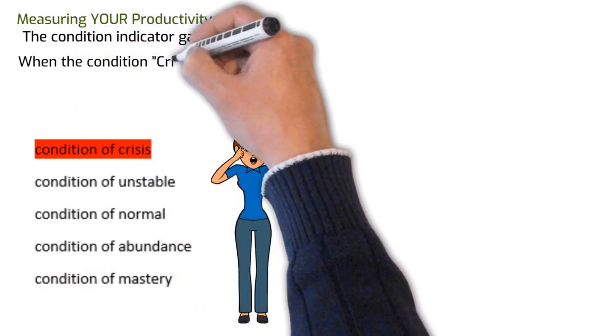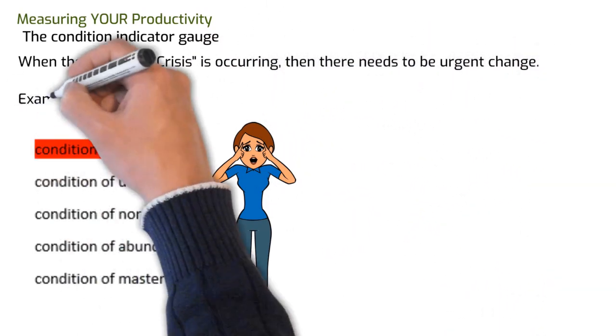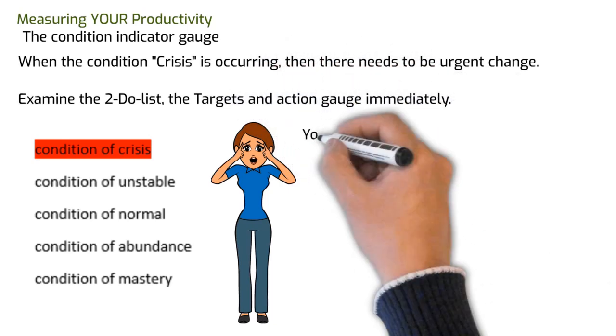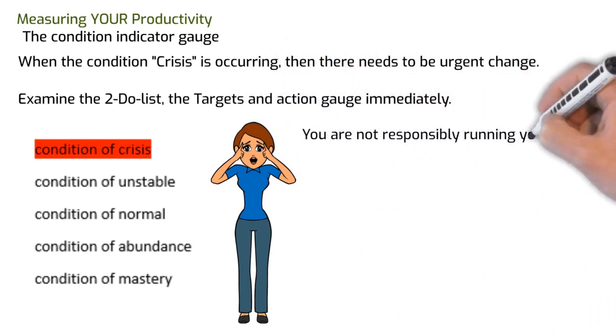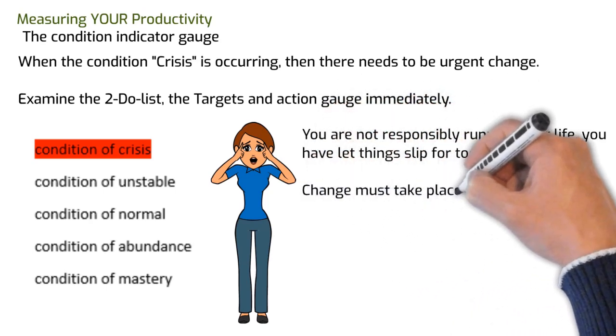When the condition crisis is occurring, then there needs to be urgent change. Examine the to-do list, the targets, and action gauge immediately. You are not responsibly running your life. You have let things slip for too long. Change must take place now.